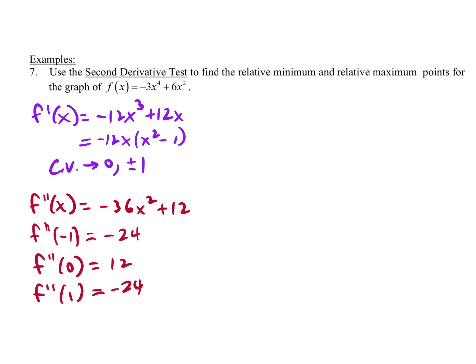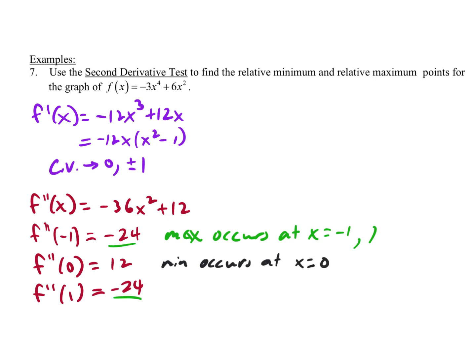I'm going to have a max that occurs at x equals negative 1, and I'm going to have another one that occurs at 1, because these are both negative. Which means I'm going to have a minimum occurring at x equals 0. Okay?